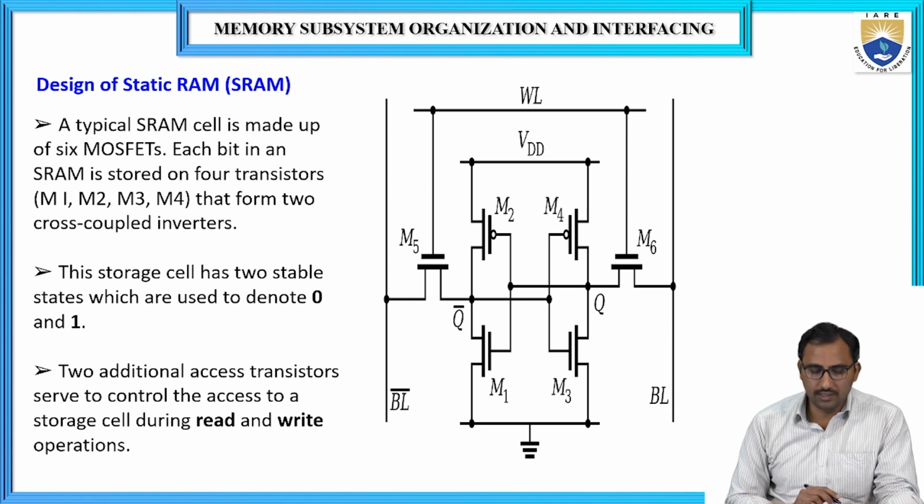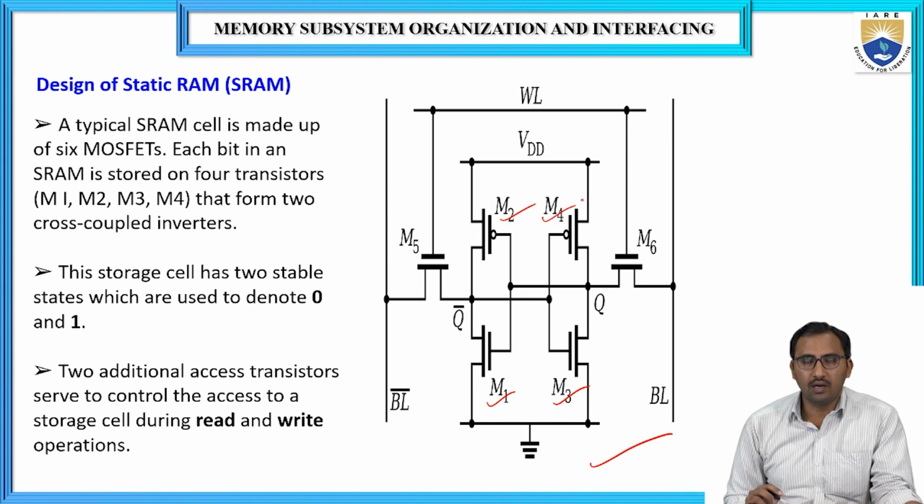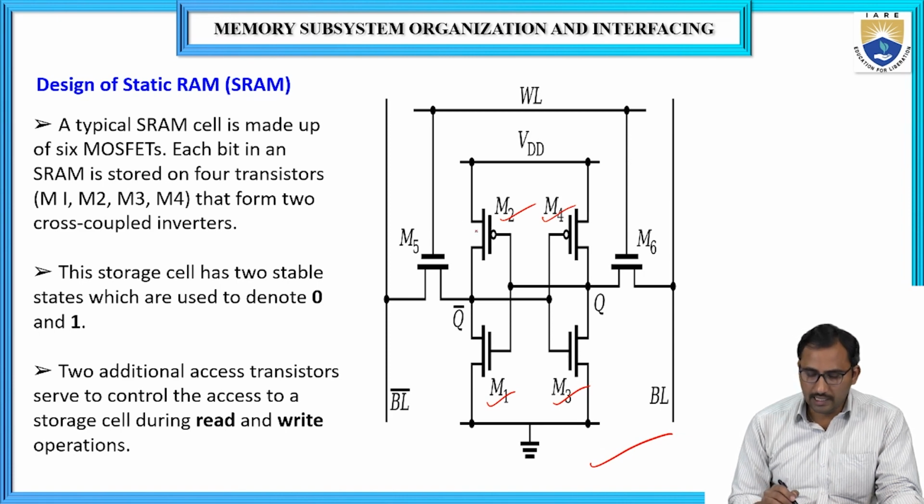Here you can see the design of the static RAM, SRAM. You can see the diagram; it is a single memory cell structure. This memory cell consists of 6 MOS transistors, M1, M2, M3, M4. These 4 MOS transistors form cross-coupled inverters.